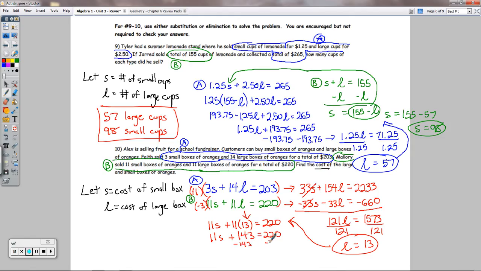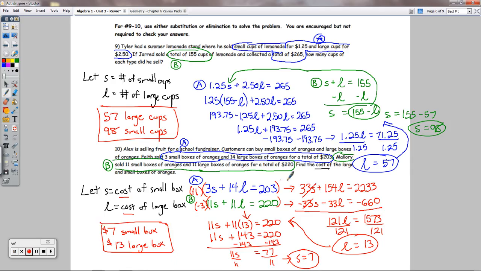If you subtract 143 from both sides, you've got 11s equals 77. And divide by 11, that gives you s equals 7. So final answer on this one, it's the cost, remember, of the small box and large box. The cost would be $7 for a small box then, and $13 for a large box of oranges.